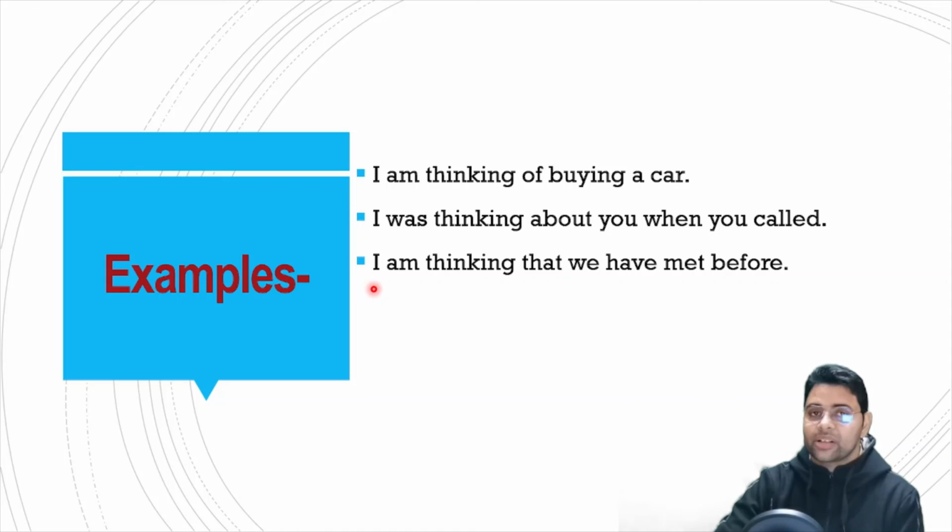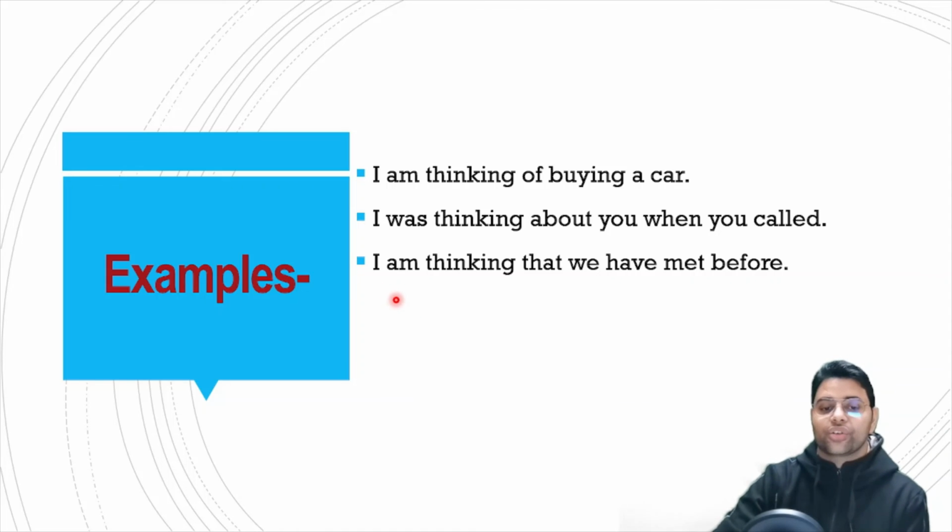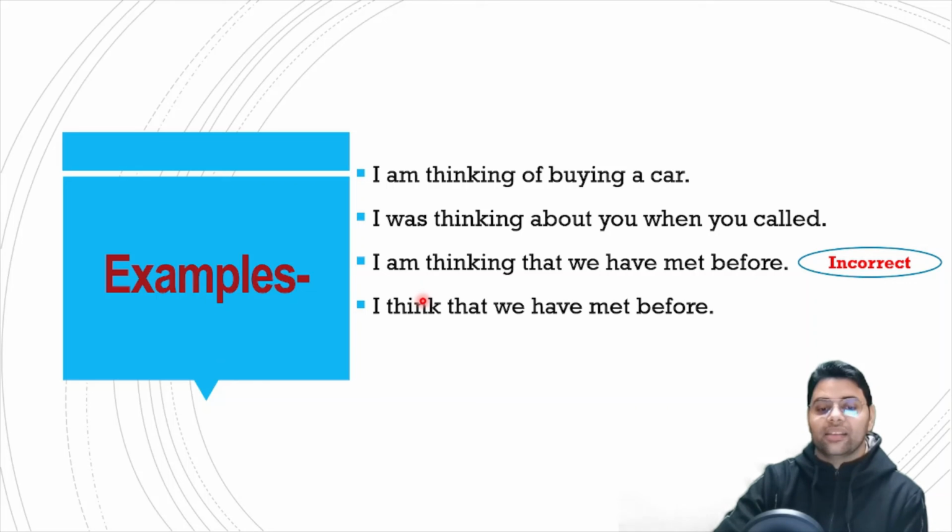So it is my perception or my opinion that we have met before. So in this sense, the verb is stative and it cannot be expressed in continuous tense. So the sentence is incorrect. So I have to make it, I think that we have met before. Now the sentence is correct. Now it is in indefinite tense.